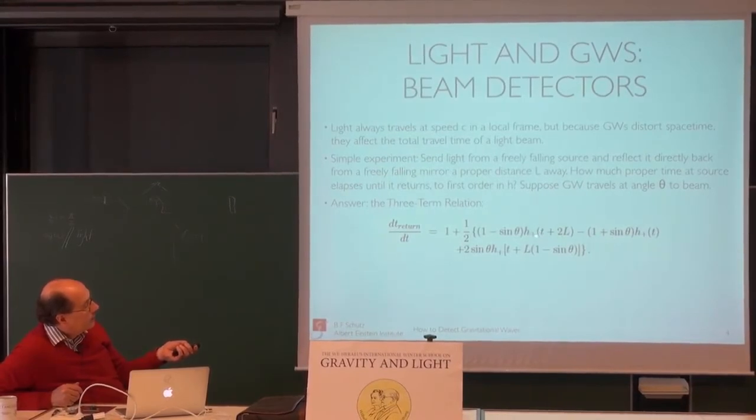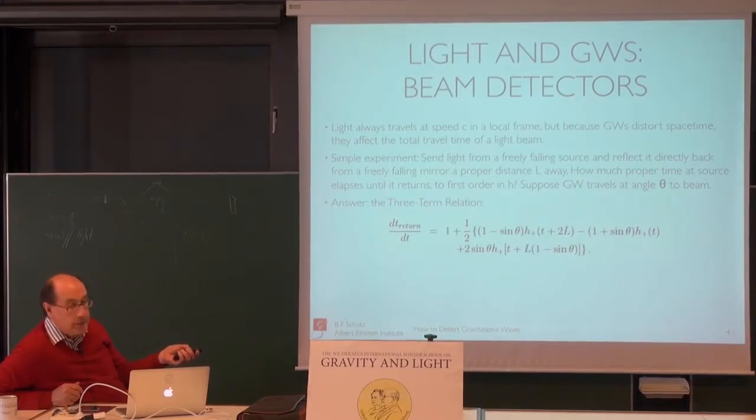The wavelength of gravitational waves comes into this because if L is short compared to the wavelength of the gravitational waves, then 2L is a short time compared to the period of the gravitational wave. And you can do a Taylor expansion of H and just keep first order in L, okay?